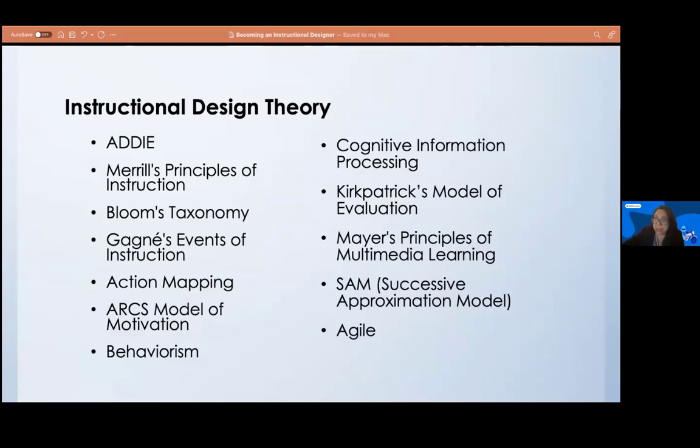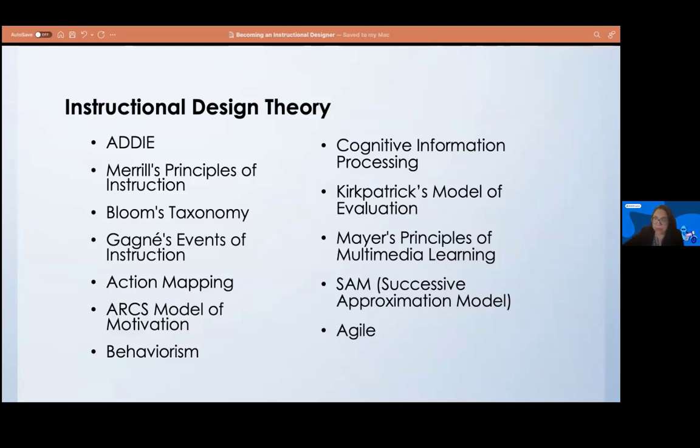And the 9 events of instruction has 9 conditions for learning, which are gain attention, inform objectives, stimulate prior information, present content, provide guidance, performance, which is the application of the knowledge learned, then feedback, assessment, and transfer of information.